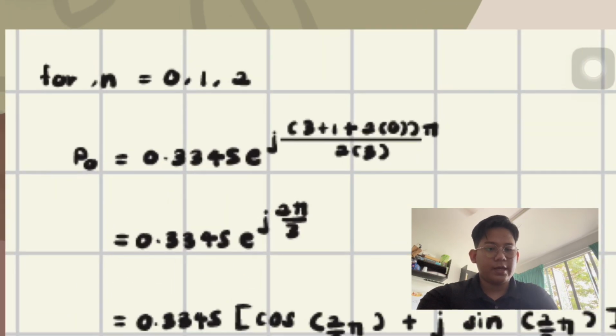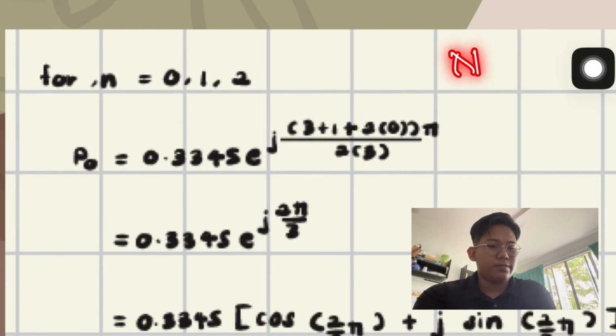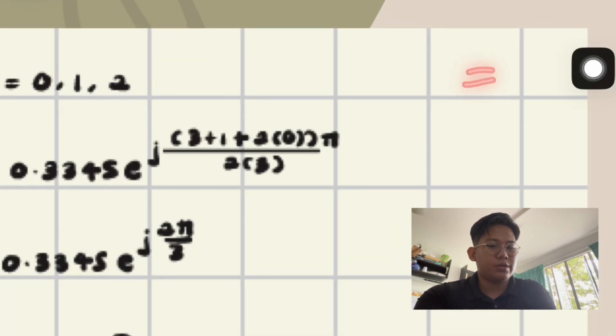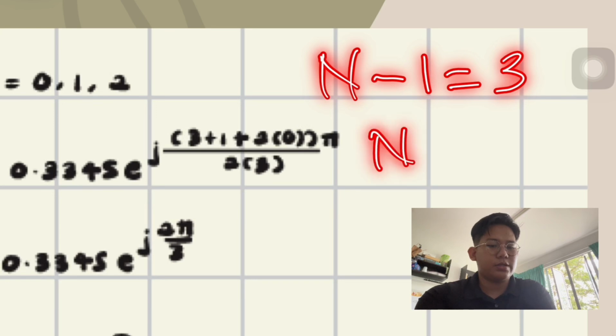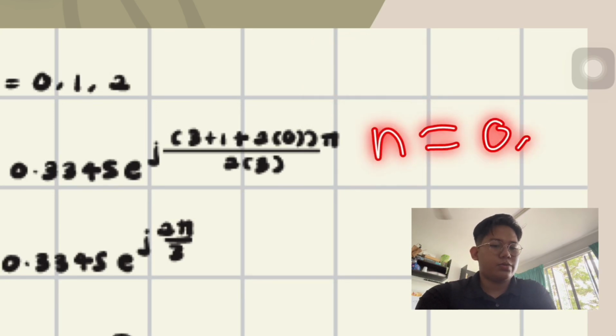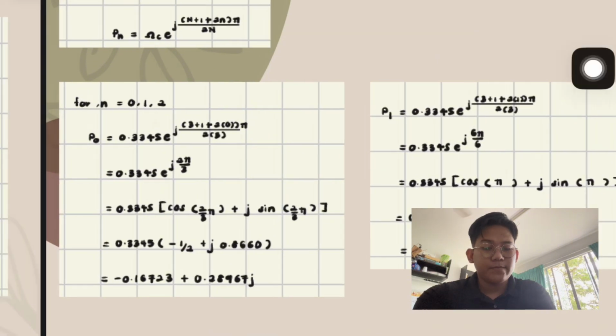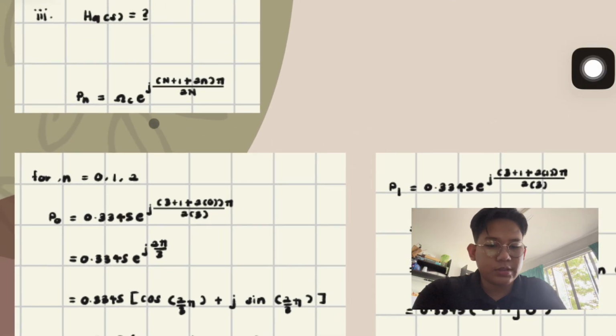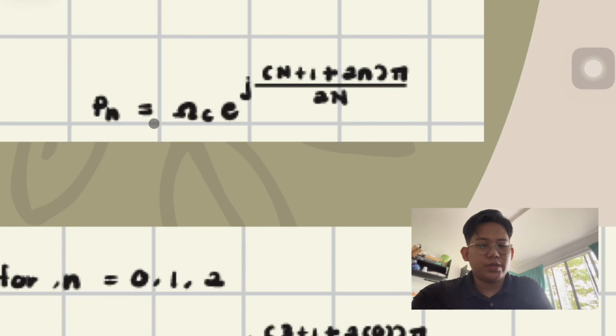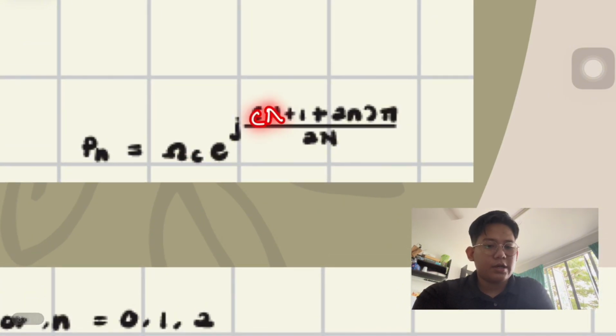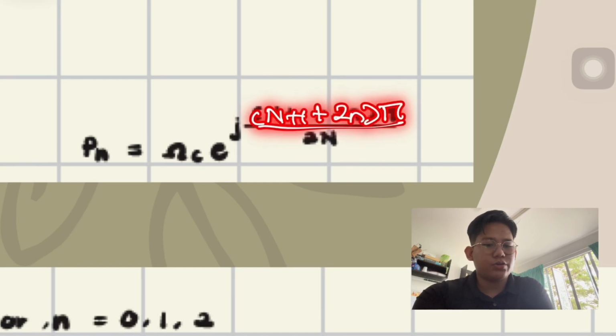We use n equals 0, 1, and 2 because n minus 1 equals 3 minus 1, so n is 0, 1, 2. For this formula, I'm going to use Pn, where n is 0, 1, and 2, equals omega c times the exponent j pi times (n plus 1 plus 2n) over 2n.